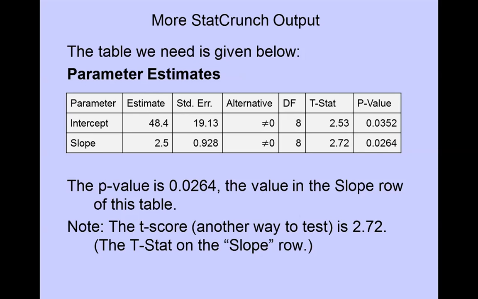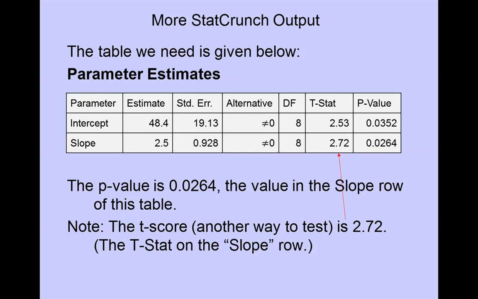Now another table we need is given below, and it has parameter estimates. In this case, notice that the slope row, the second row in this table, is going to give us the p-value under that last column, and it's 0.0264. That gives us our p-value we use in the hypothesis test.